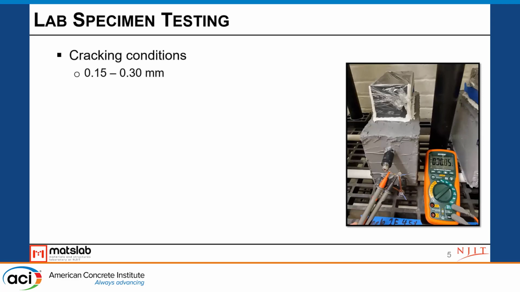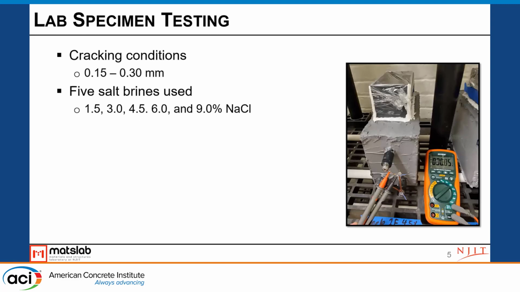So we get a bunch of different crack widths, and then we apply chloride ponding at the cracking surface. And we also want to study different brine concentrations at the cracking surface. In order to accelerate this corrosion test, we applied wet and dry cycles up to around 1 year. Each cycle is 14 days.